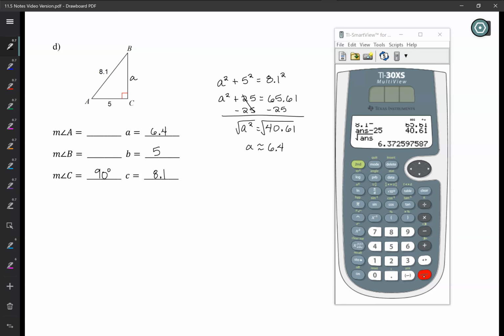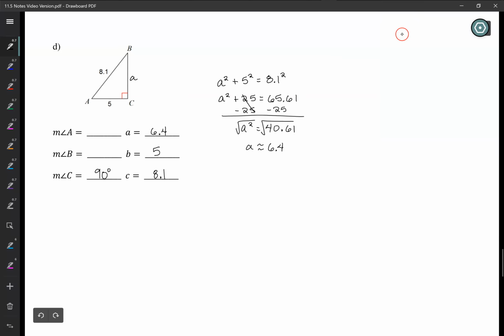All right, decide which angle you're going for first. Angle A or angle B. Circle it so you're not going to get confused. I'm going to go for angle A. 8.1 is the hypotenuse. 5, which is the side I'm going to use, is adjacent to angle A. Adjacent, hypotenuse, cosine.